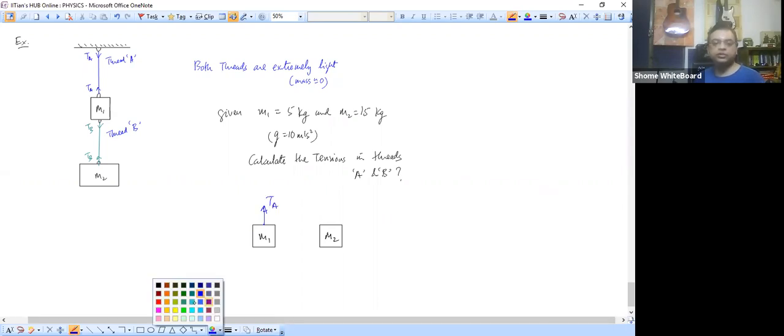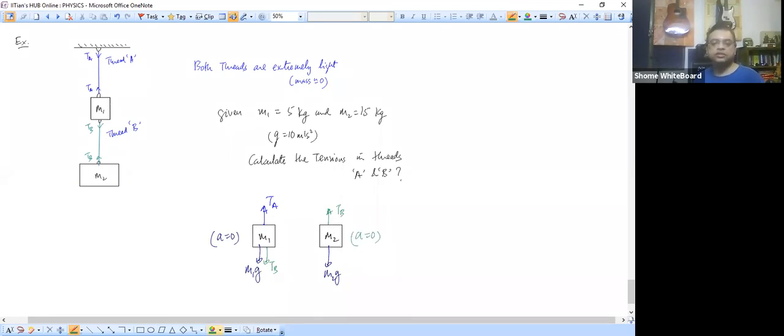There is a downward force of tension on this, and there is its own weight. Okay, and it's in equilibrium. Its acceleration is 0. Similarly, on M2, there is a downward force of its own weight, and there is the upward force of tension in this, and its acceleration is 0.